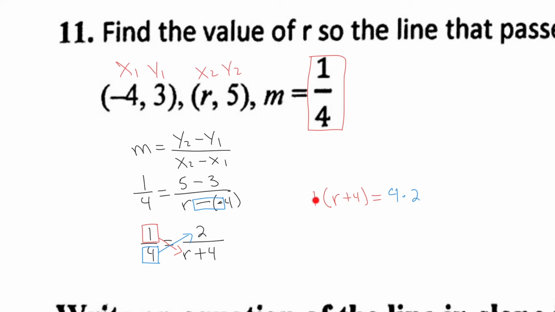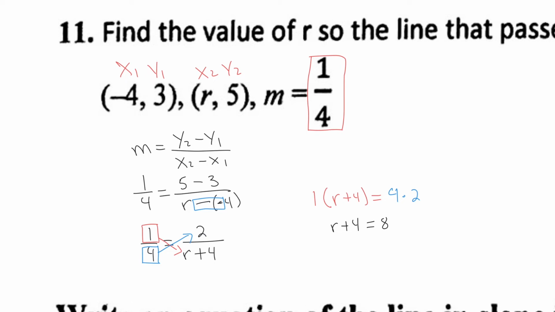Anything multiplied by 1 is not going to change, so r plus 4 will remain the same. On the other side, 4 times 2 is 8.